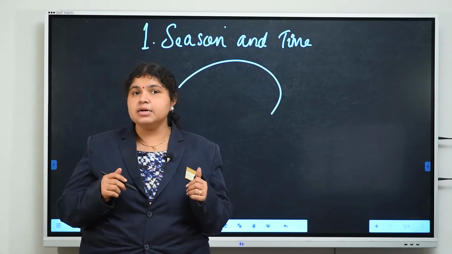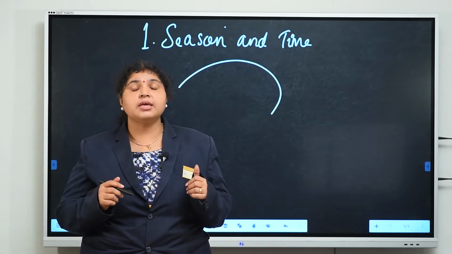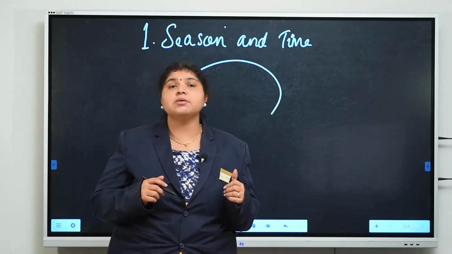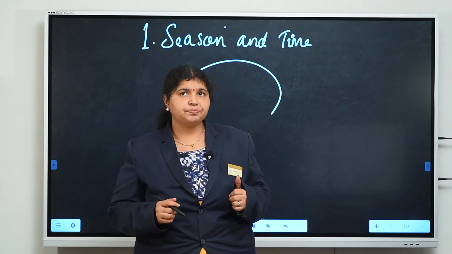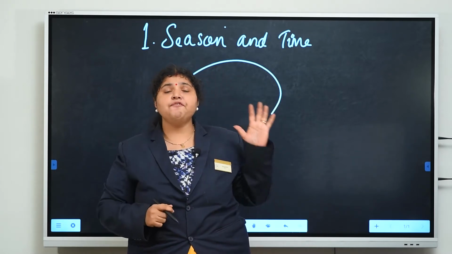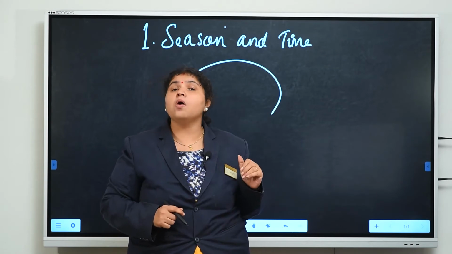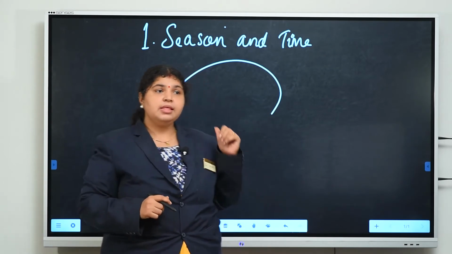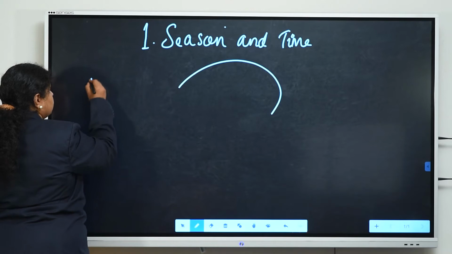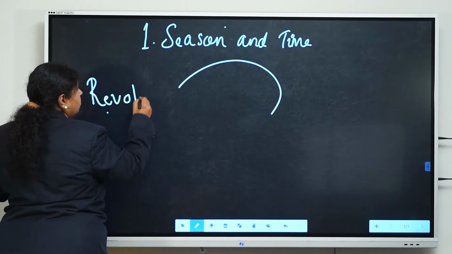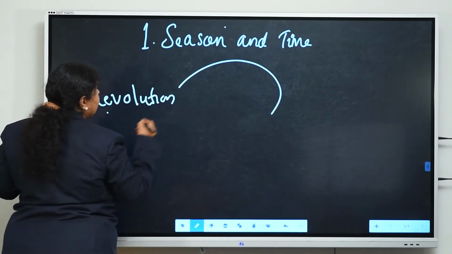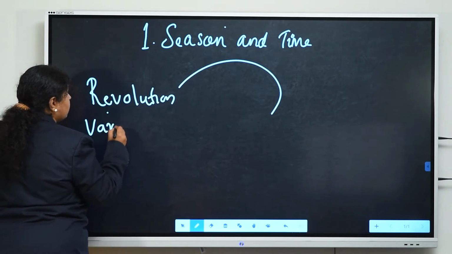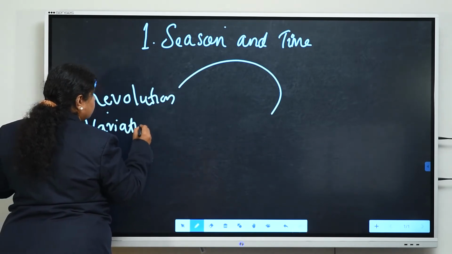First, let's learn what the factors responsible for the occurrence of seasons are. There are mainly five main factors for the occurrence of seasons. The first is revolution, and the next is variation in sunshine.